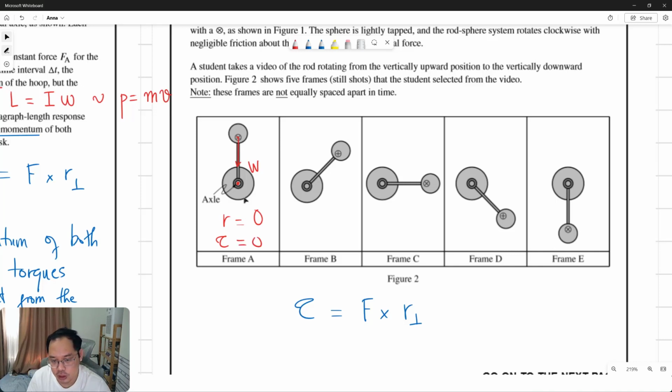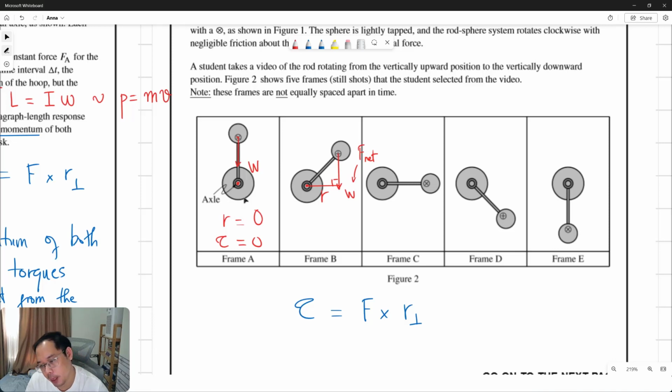In the second case, the weight, the force, is here. This is also the net force, because there are no other forces. It rotates because of the effect of this weight, the gravitational pull, solely. The distance from the axis to the weight is this distance r.